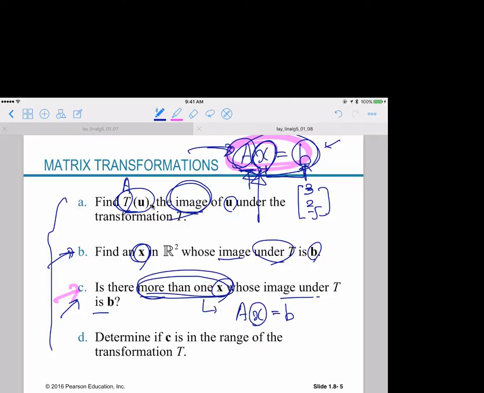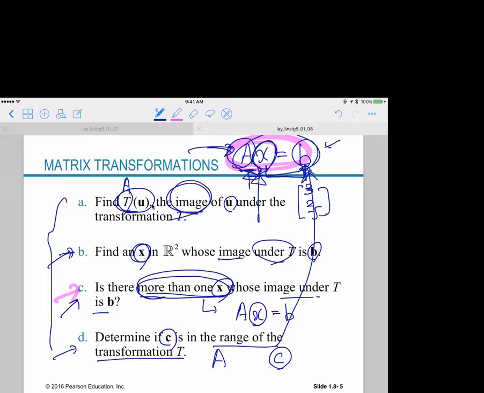So the third question is the same as checking whether we have a solution and then whether we have a free variable or not. The next question, which is the last one: we are given A, and now another vector c in place of b. The question is whether this vector c is in the range of this transformation.